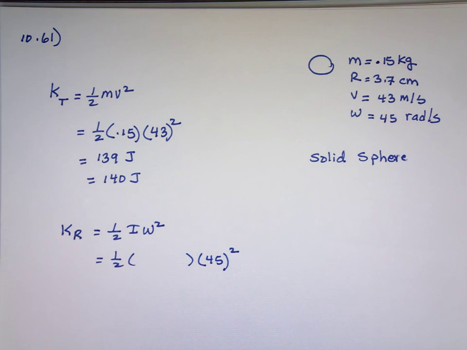And we're assuming it's a uniform solid sphere spinning around its center. Let me find what the inertia for that is from the table in the book there. Uniform solid sphere, where's the table?